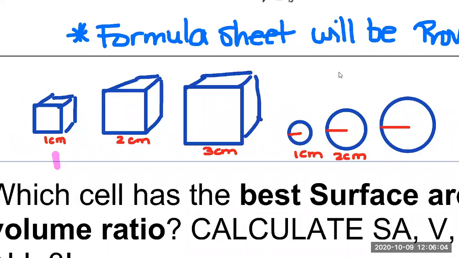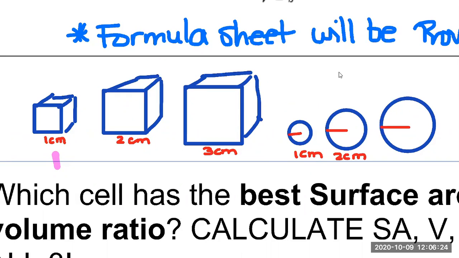If they were to ask you which of these three spheres, yes, your answer is going to be the smallest one, because we already know the ratio gets worse. It's a smaller ratio of surface area to volume as the size of the cell increases. So your smaller cell is going to win. But what if they give you three cells that are not the same shape?